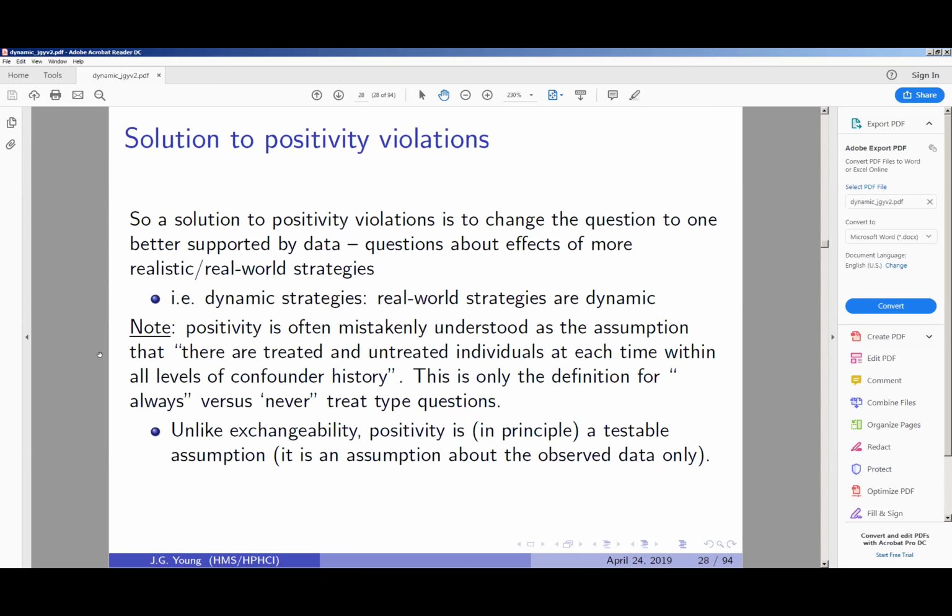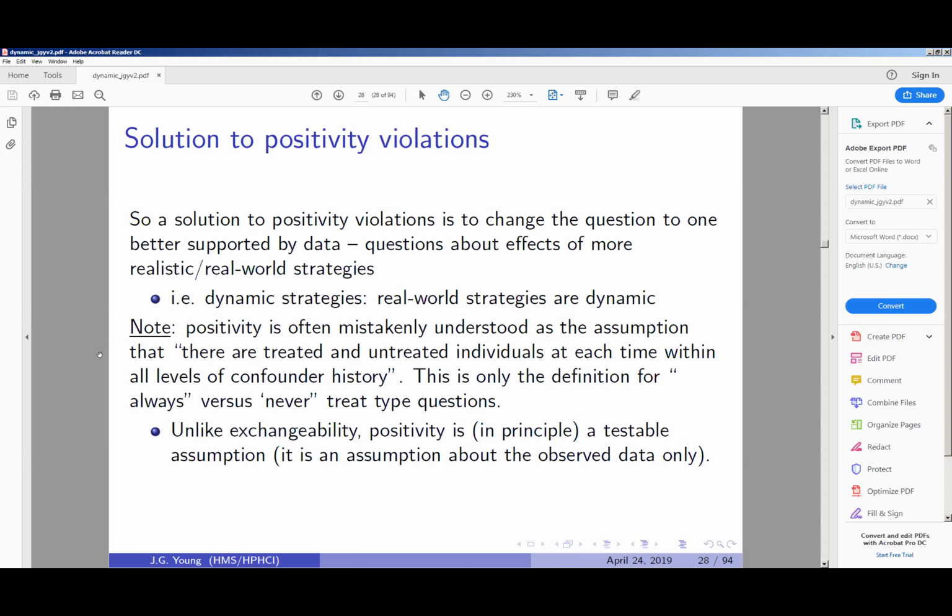People are always treated dynamically: treatment decisions are going to change based on measured risk factors, as the doctor makes treatment changes based on how the patient is doing. Real world strategies are dynamic, so considering dynamic strategies can be a way to avoid positivity violations.